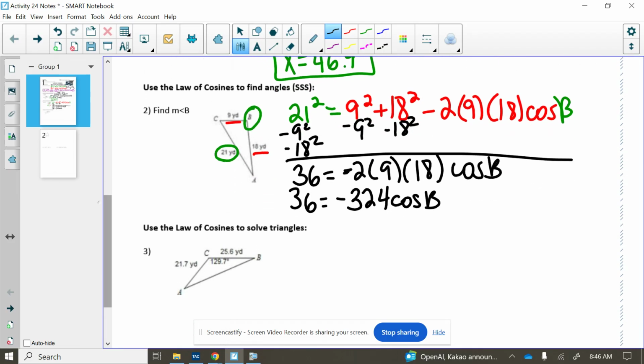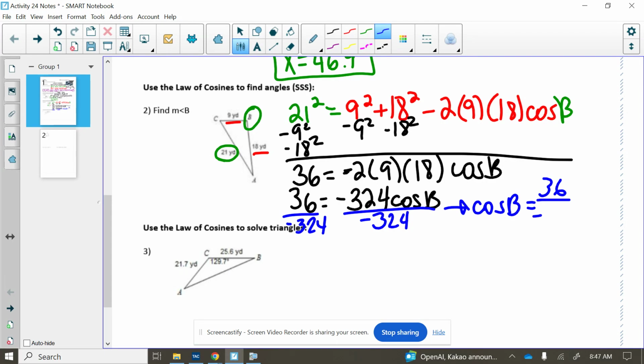Well, to get that cosine of B by itself, we need to divide over the negative 324. So we would have cosine of B equals 36 divided by negative 324, whatever that answer is. Now to get angle B fully by itself, remember we are going to use the inverse to find that.